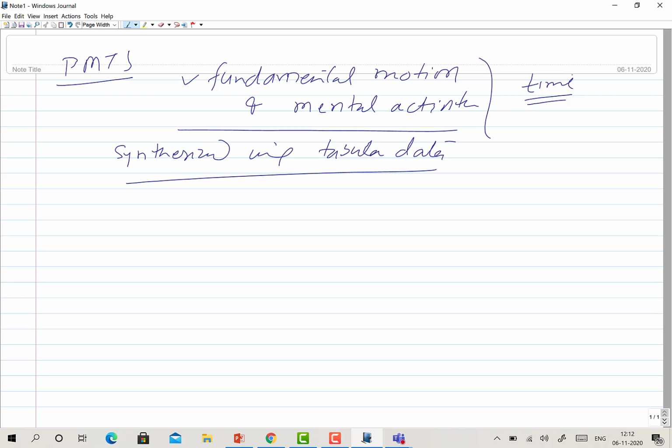So it doesn't require the actual performance of the job, and this gives a lot of utility and benefits, especially in setting and designing assembly lines.